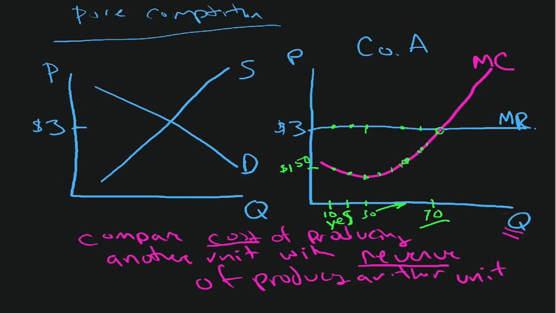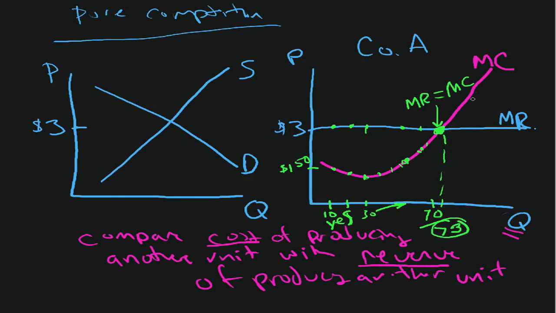Here's the magic moment. This is how they decide, where marginal revenue equals marginal cost, which is right here. They find that spot, they come down here, and they say, aha, it looks like it's about 73 units. That's how much they're going to make.